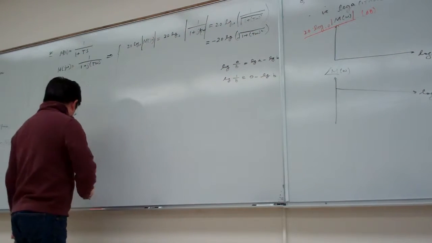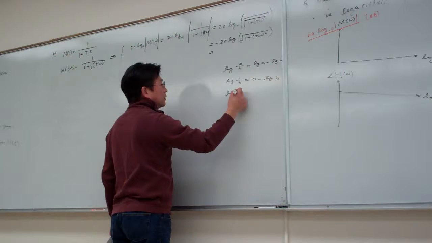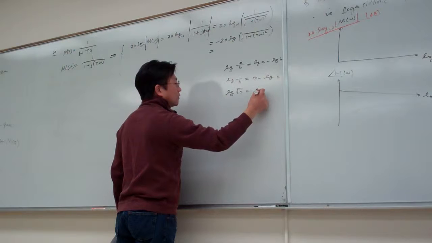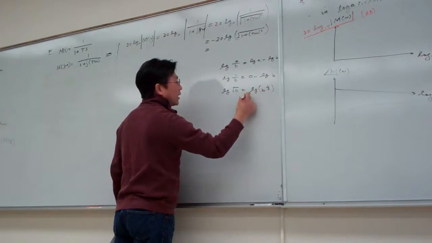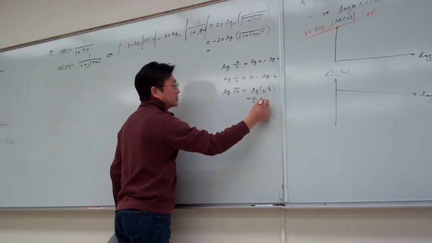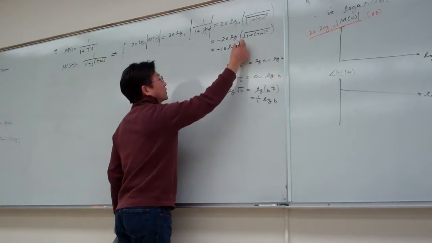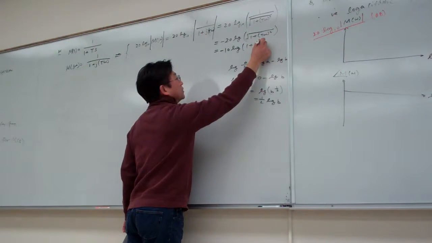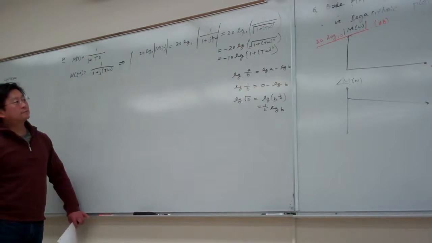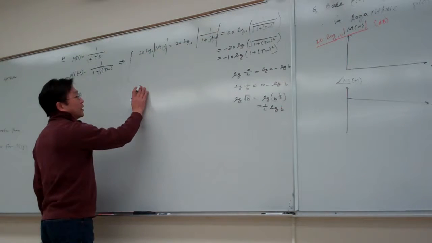And then here for the log of the square root of b, we have the equation log b to the 1/2. And usually this exponent we can take out of the log. So basically that is 1/2 of this one. So for this case, it's minus 10 log of 1 plus T omega squared. Okay, keep that in mind.